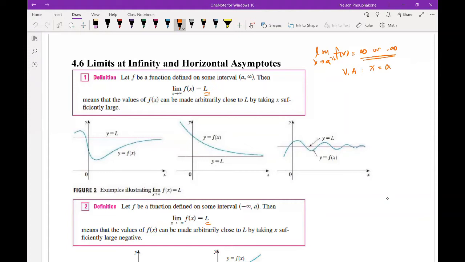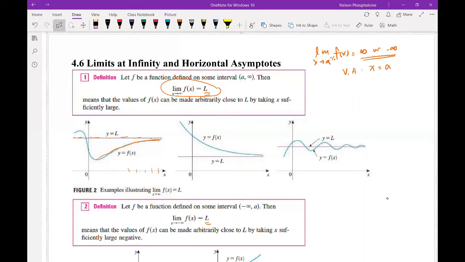In this case, let us look at the graph. It means that when x is getting bigger and bigger, what happened to the function? The output of the function is getting closer and closer to a horizontal line. If this is the case, then we will have the limit at infinity.